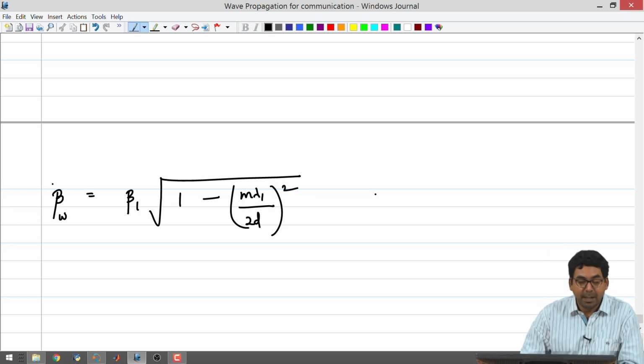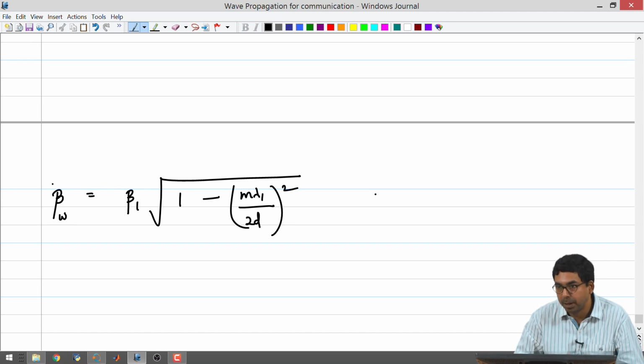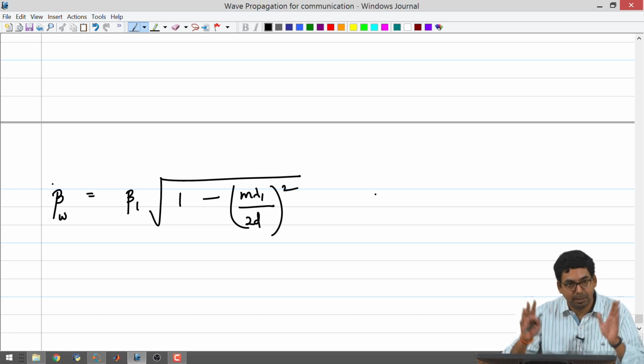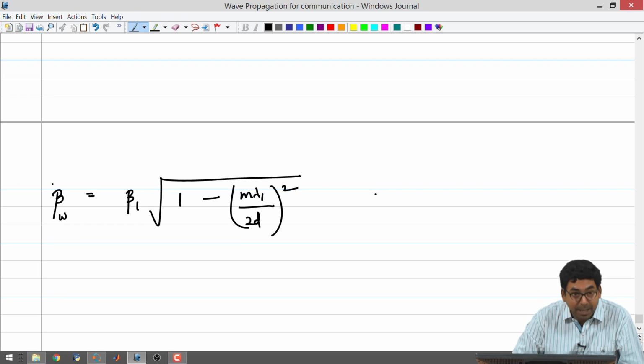So, I have beta w. Beta w, the phase constant of the waveguide, is equal to beta 1. Beta 1 corresponds to the phase constant of the homogeneous medium that is filling the parallel plate. If it is vacuum, you will have the phase constant of vacuum, square root of 1 minus (m lambda 1 by 2d) squared, where lambda 1 is the wavelength in the homogeneous medium that is filling up the waveguide.